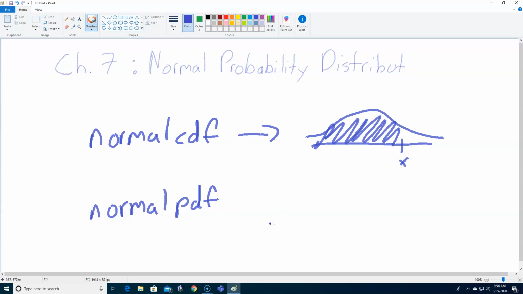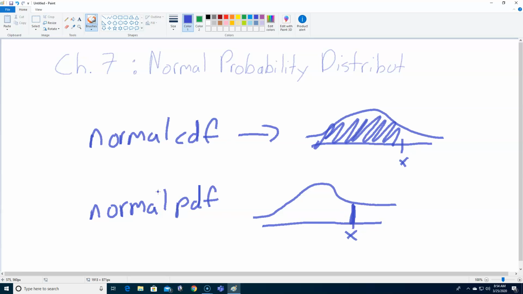Normal PDF, on the other hand, only calculates the area associated with the x, only calculates the probability associated with the x. So PDF only calculates this line right here, just that line, just the area probability associated with just that x. So CDF calculates everything less than, PDF calculates everything exactly.